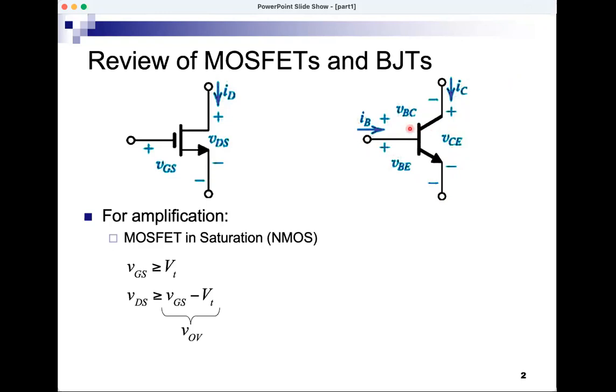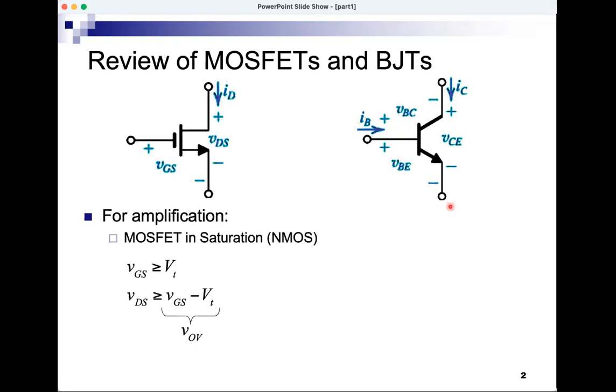And we have also three currents, IB, the base current, IC, the collector current, and IE, the emitter current, which is IB plus IC.